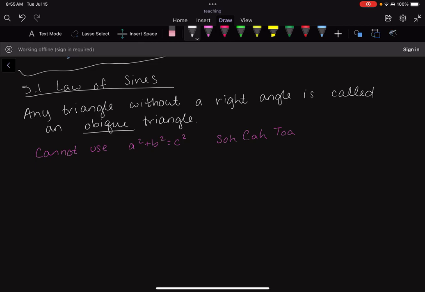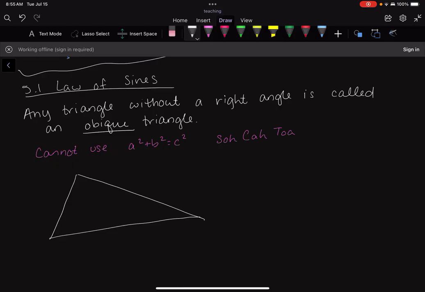I also want to mention that when you set up these triangles, it doesn't really matter where you put your angles and your sides. However, it does matter what is across from what.